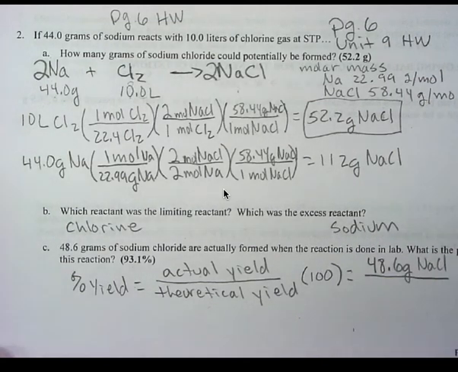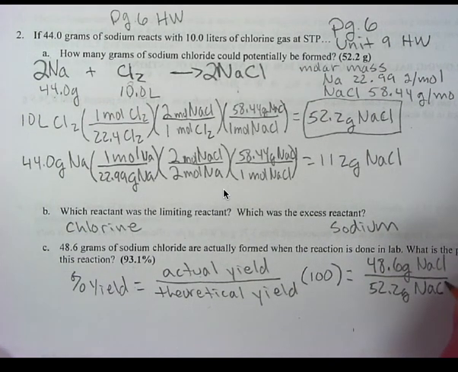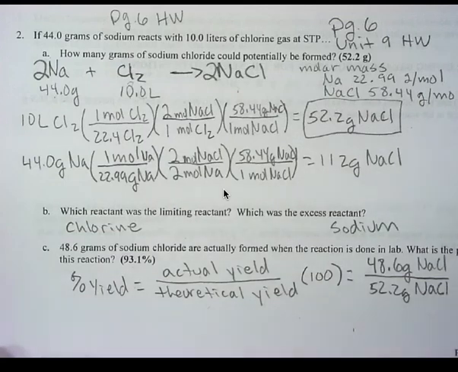We just calculated above that based on the limiting reactant, 52.2 grams of sodium chloride is theoretically what I would have produced for 100%.